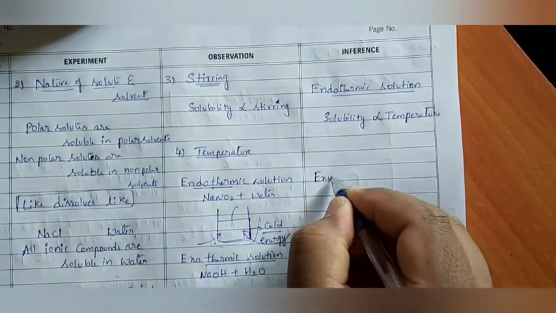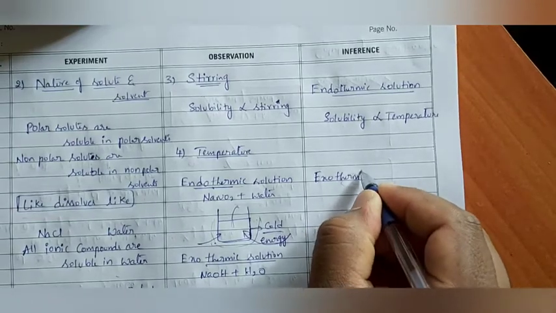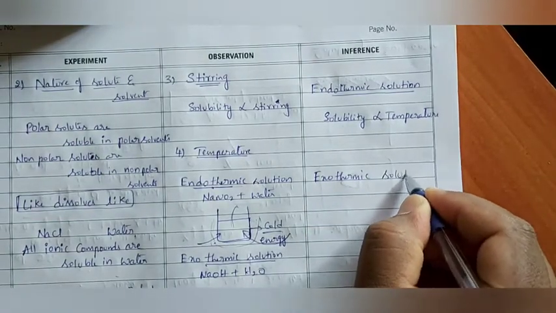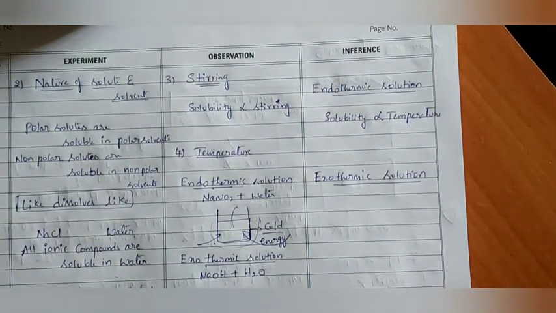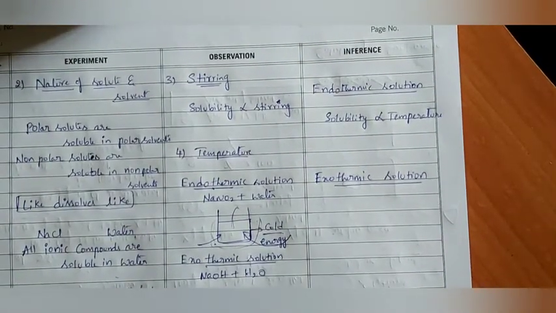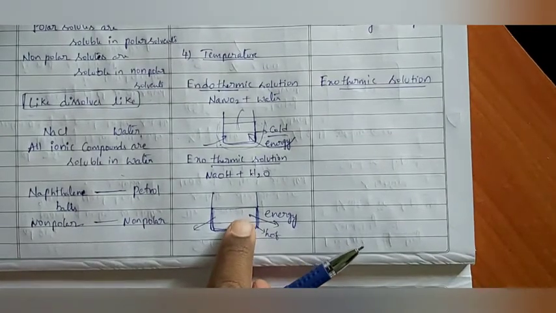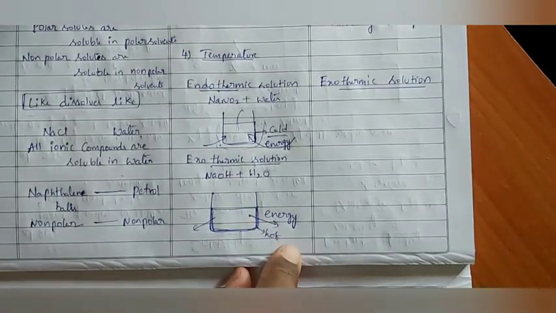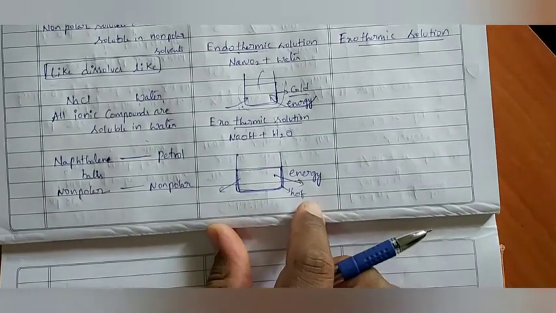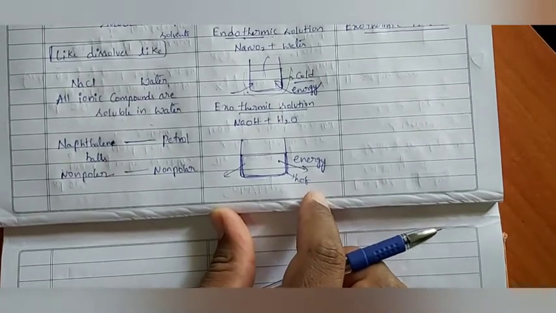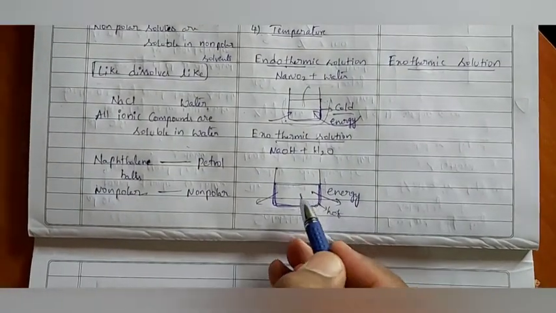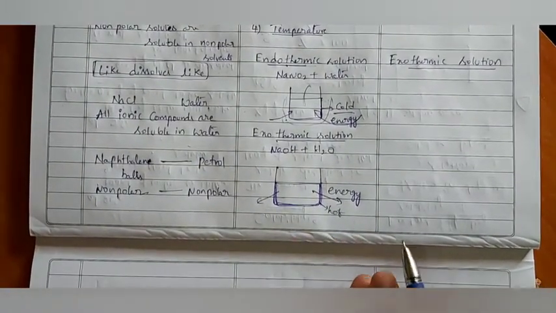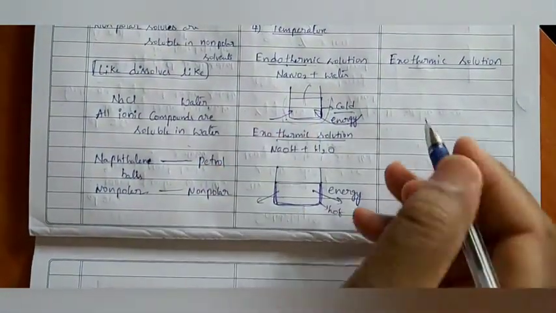For exothermic solution, while the solution is getting formed, energy is released. What is the meaning of that? That solution doesn't want energy. Itself it is giving out energy. Is it correct? So again, if you give energy from outside, its solubility decreases.